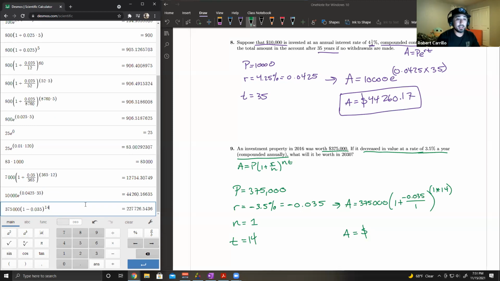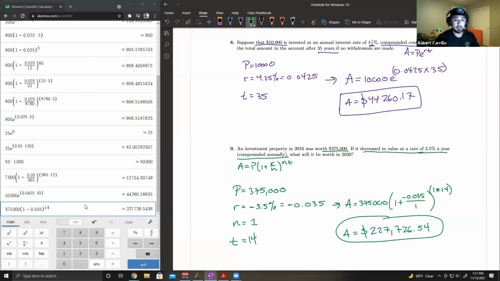And in 14 years, this investment property will be $227,726.54. So this investment property is losing its money somehow.